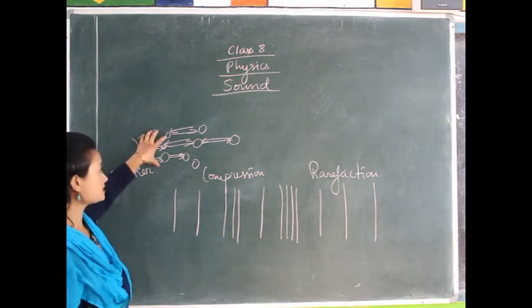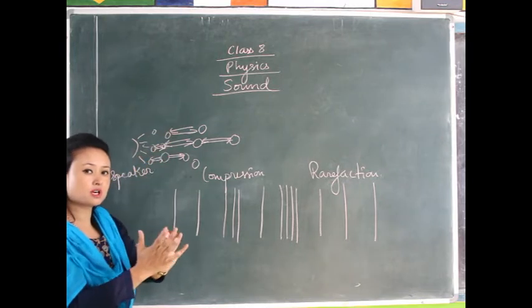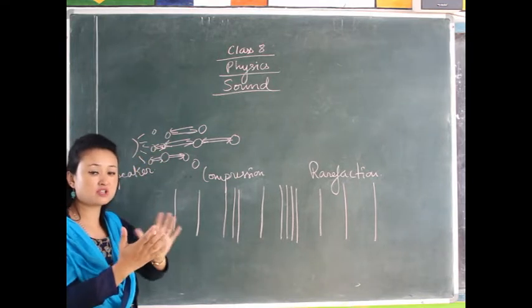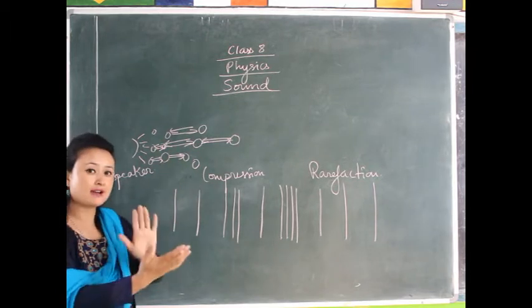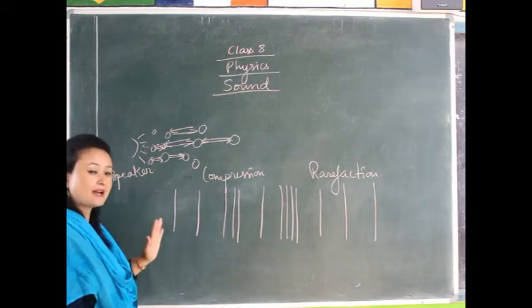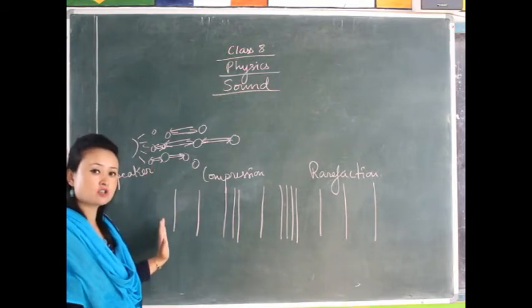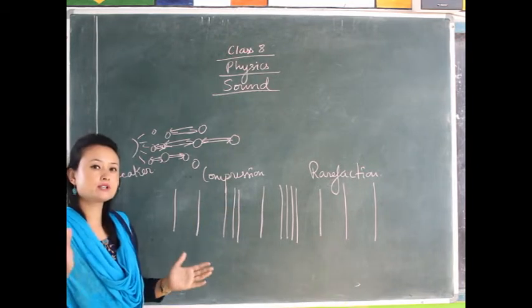The particles closer to the source of sound come closer and compress with each other, so we call it compression. When the particles have touched the other particle with their energy and go back to the normal position, that position is called rarefaction. So this is how sound travels.